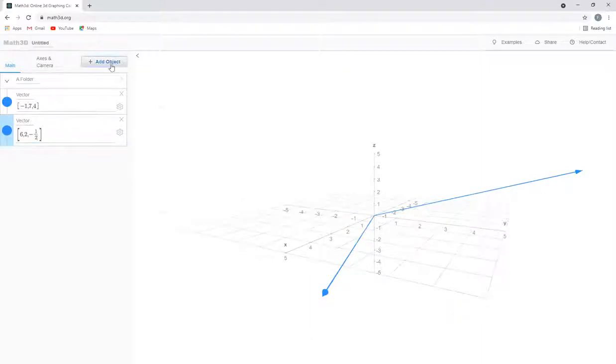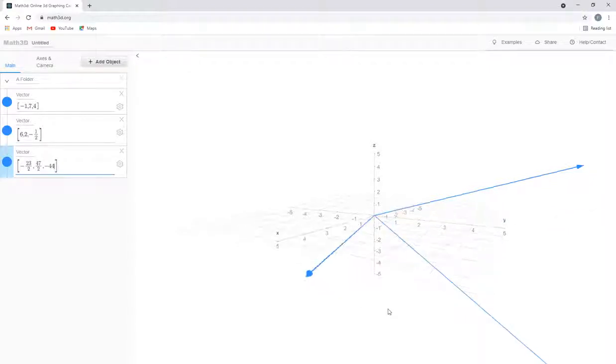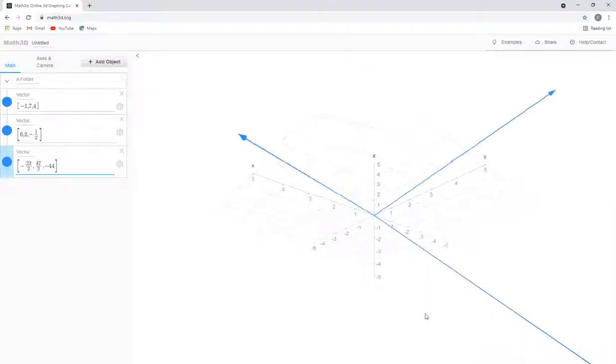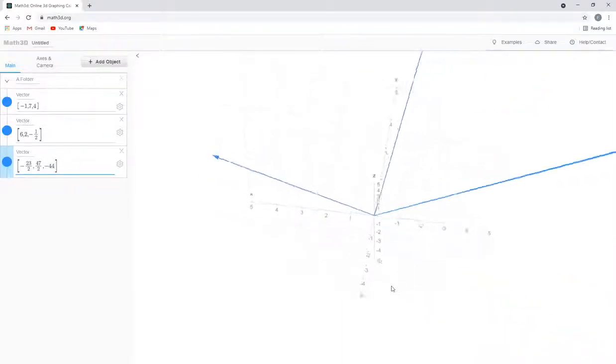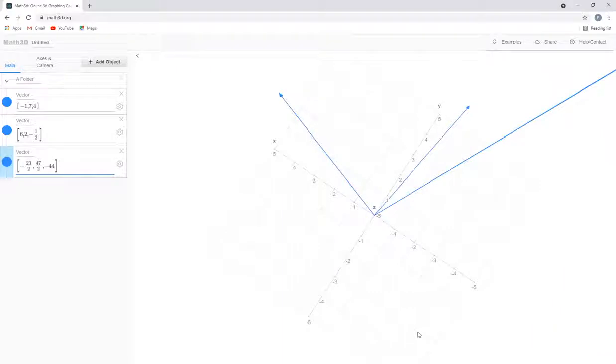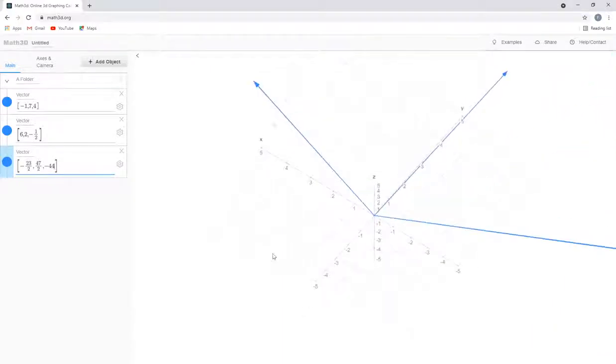And finally, let us add the third object, which is the cross product between these two vectors, with the first component -23 divided by 2, the second component 47/2, and the last component -44. Very well. This is our third vector, which is perpendicular or orthogonal to these two vectors.